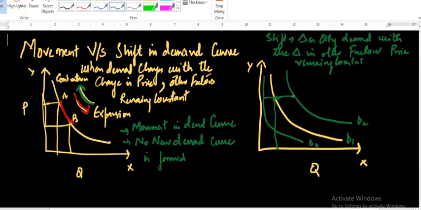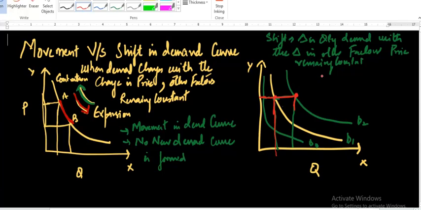So at the same price we have a different amount of demand. As you see here, at this level of the price, we have two different levels of the demand. One is on demand curve 1, another one on demand curve 2. Which means that as the other factors go on changing, there may be a shift in the demand curve.